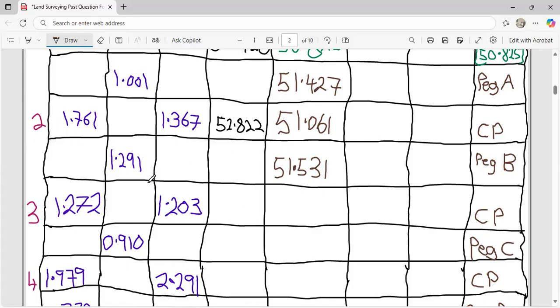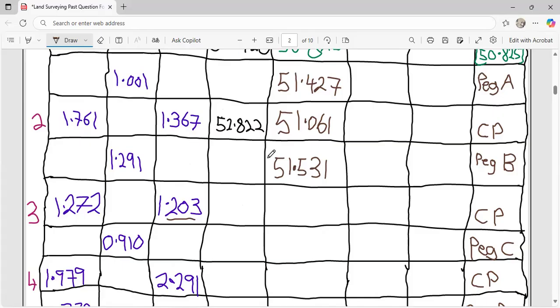So in doing so, it means that we have to still subtract this value, which is 1.203, from 52.822. So let's all do that together. We say 52.822 minus 1.203.